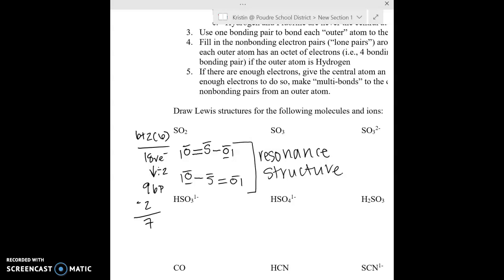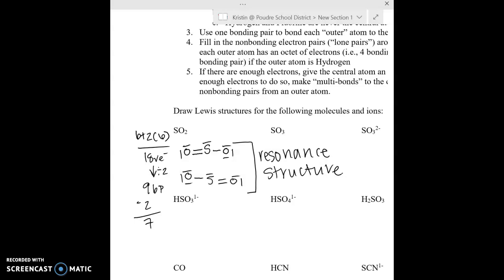So there's that. Let's talk real quick about what you do if you have something like HSO4. Like where do we put the H, and what does it mean that we have this 1 minus on this hydrogen sulfate?